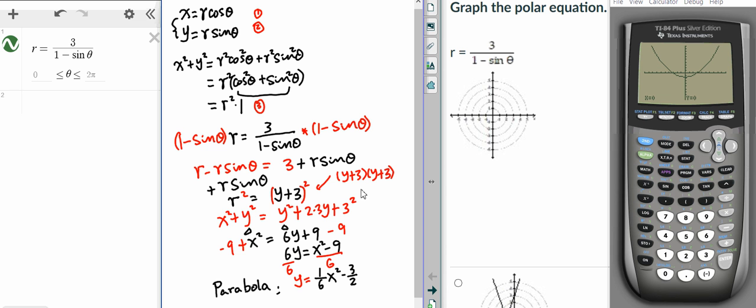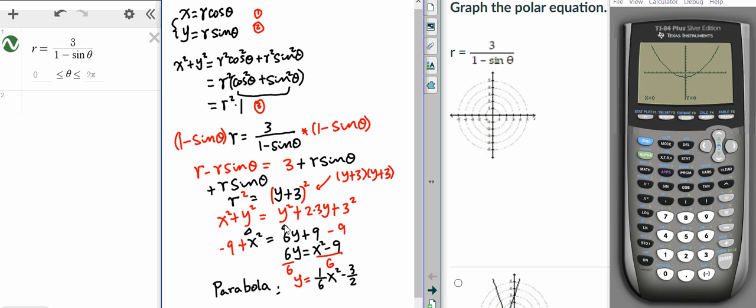And then you can FOIL this one out. y times y is y squared. y times 3 twice, so 2 times 3y, and 3 times 3 is 3 squared.